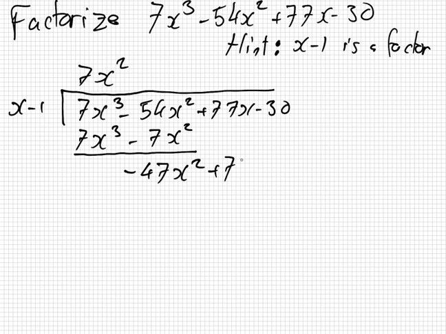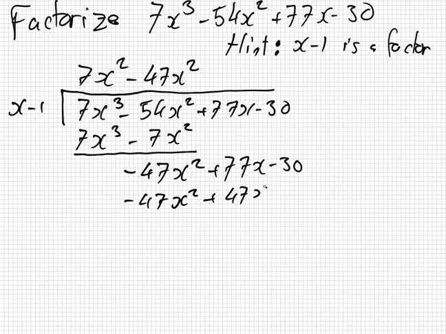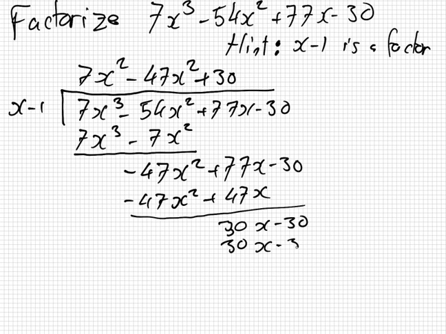Plus 77x minus 30, so this one will be minus 47x squared plus 47x, okay, so that will be 30x minus 30, so this one here would have to be plus 30. 30x minus 30, so we're happy that's 0, which it should be because I told you it's a factor anyway.